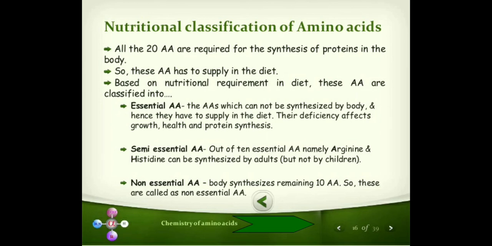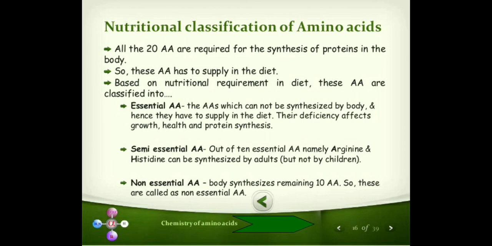Some amino acids are synthesized in our body but in minute quantity, not enough for the growth of the organism. These are called semi-essential amino acids. Some amino acids cannot be synthesized in our body, and such amino acids are called essential amino acids. These should be supplied in the diet, otherwise growth retardation will occur.